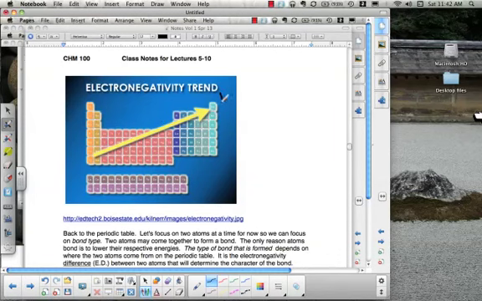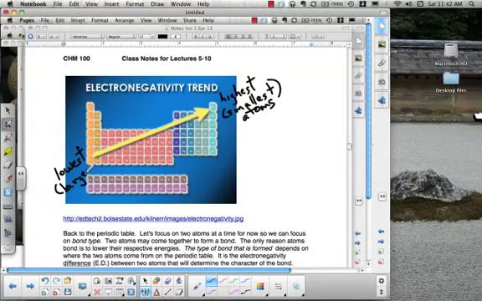Your highest electronegativities are up here in the upper right where your smallest atoms are, so again it's opposite of size, and your lowest is down here at the bottom. Smallest atoms, largest atoms.